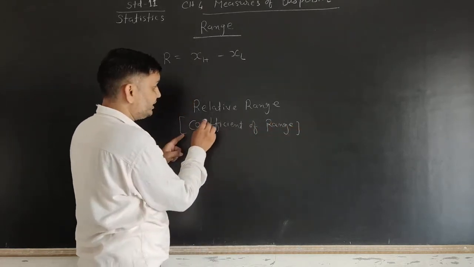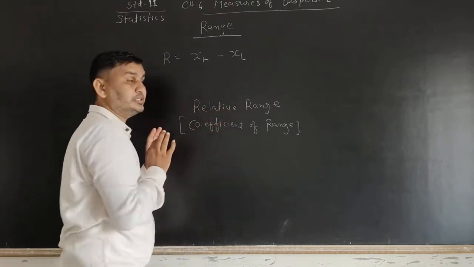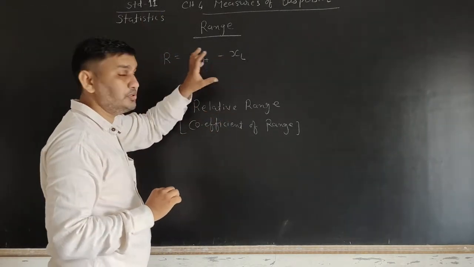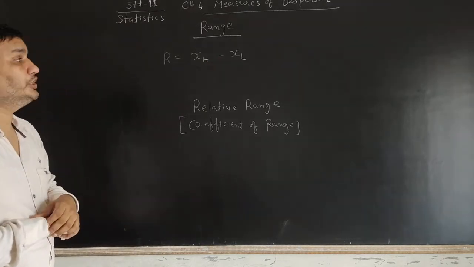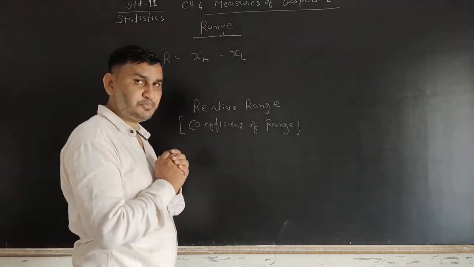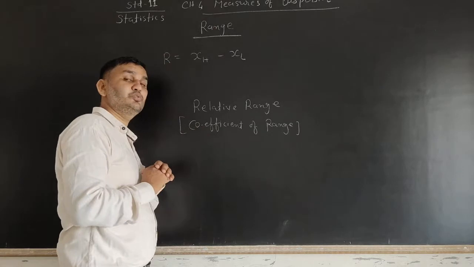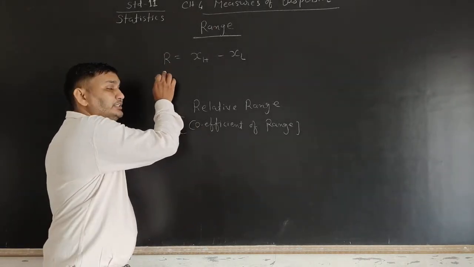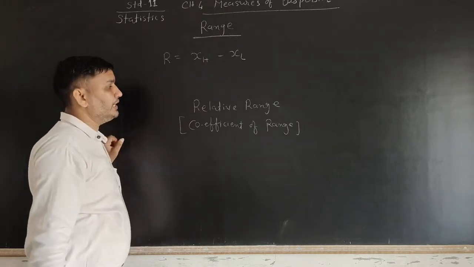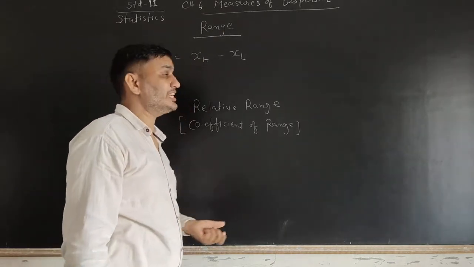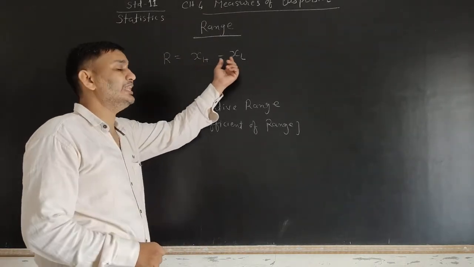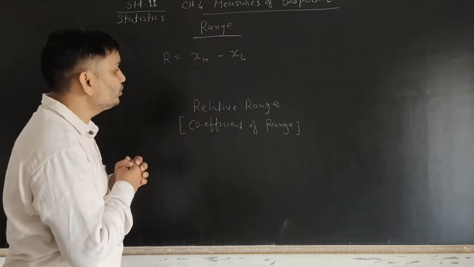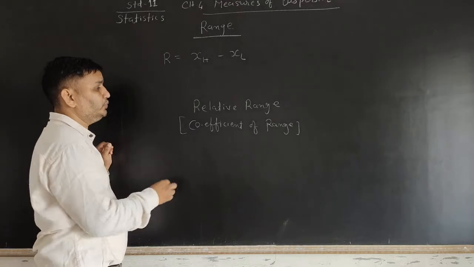The range is an absolute measure, the difference between two values, and the relative measure shows the ratio between two things. So by dividing the range by XH plus XL, that means the addition of the highest and the lowest observations, that is, the total spread, we can get the relative range.